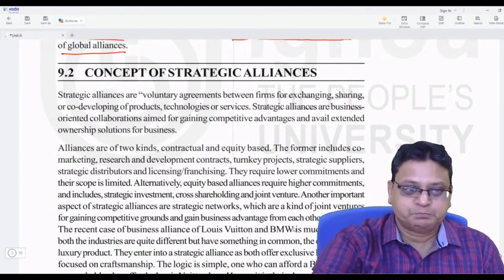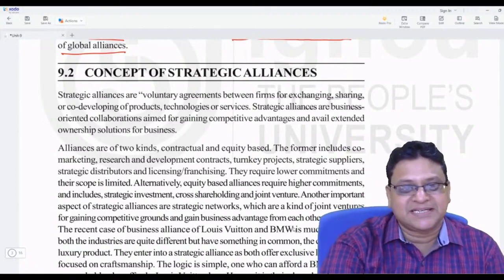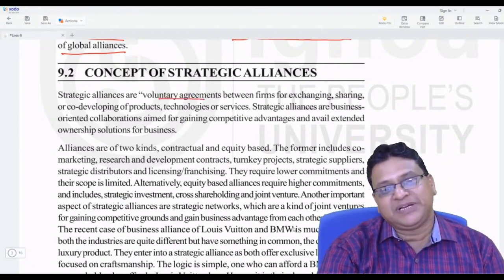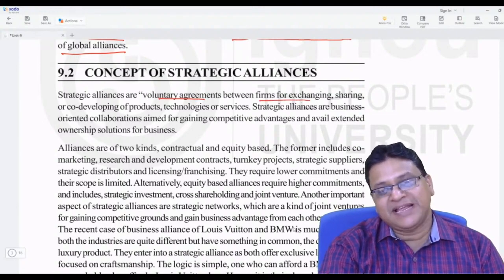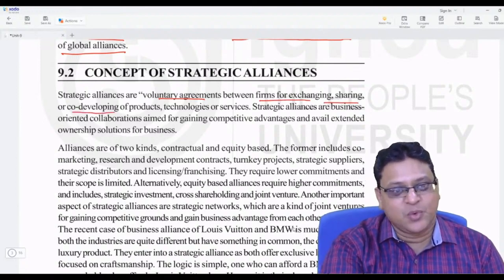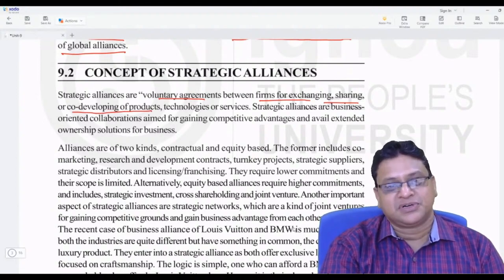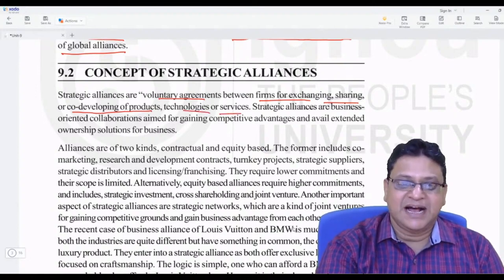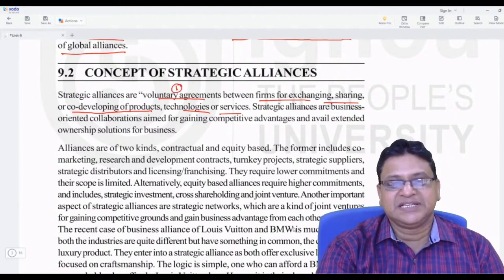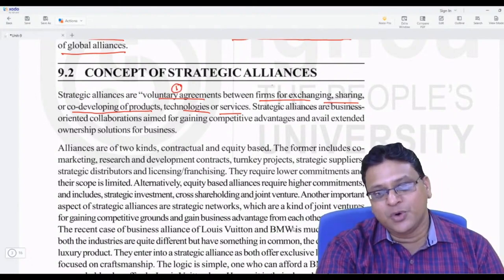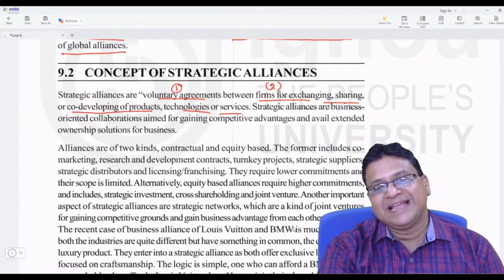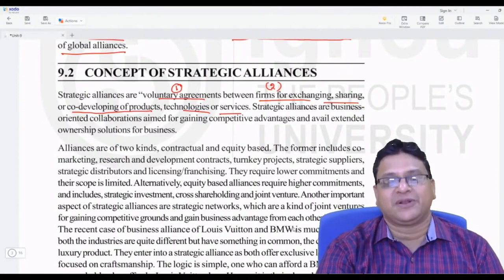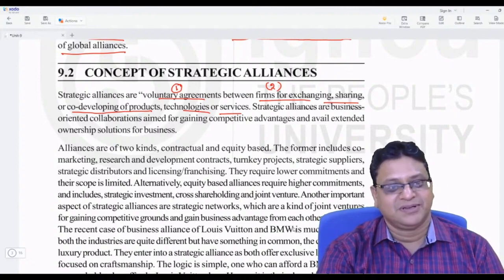Now please see, strategic alliances are voluntary agreements between two or more firms for exchanging, sharing, co-developing products, technology or services.